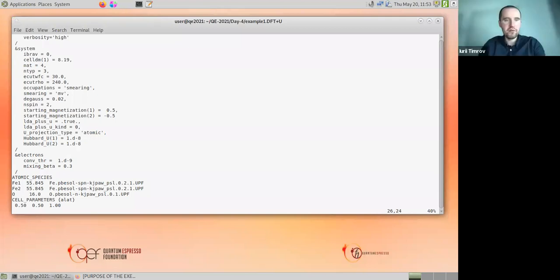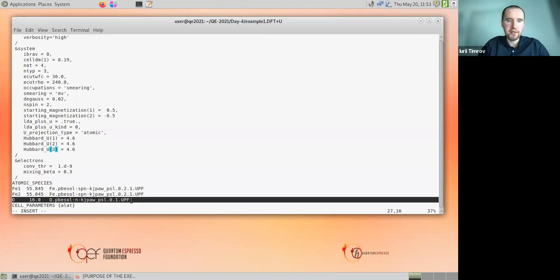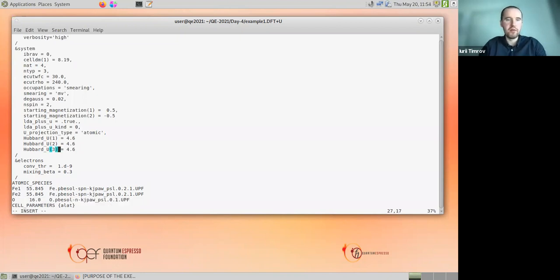Just to comment, for example, for iron we put 4.6 and 4.6, and for oxygen we put Hubbard U3. So we put 3 because oxygen is type number 3 in the atomic species list, and for oxygen we put the value we compute or we want. Okay.